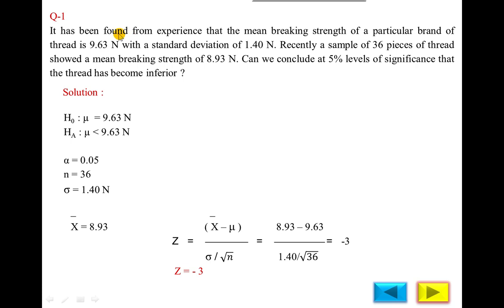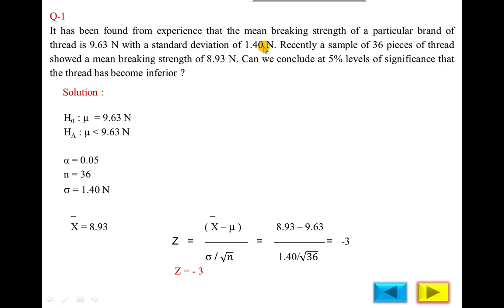"It has been found from experience" indicates surety, population value, parameter value. Mean means mu. Why? Because on the basis of large data, if you calculate the mean, it is represented by mu, indicating the population mean. Breaking strength of a particular brand of thread is 9.63, this is the population mean, mu. With the standard deviation 1.40 Newton, this is sigma. Why?